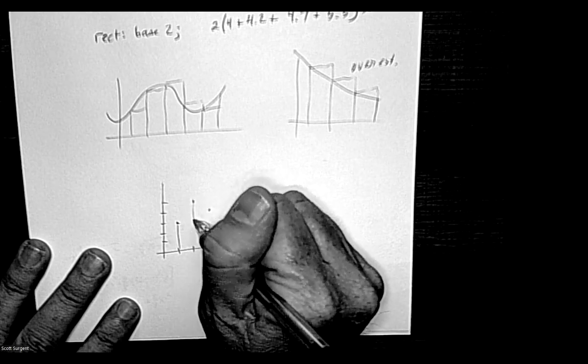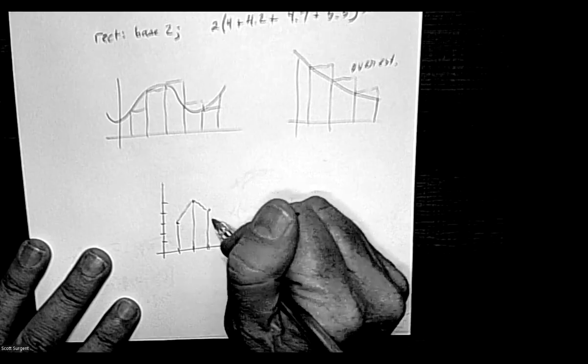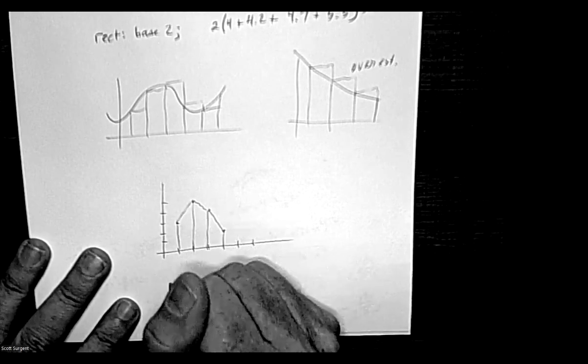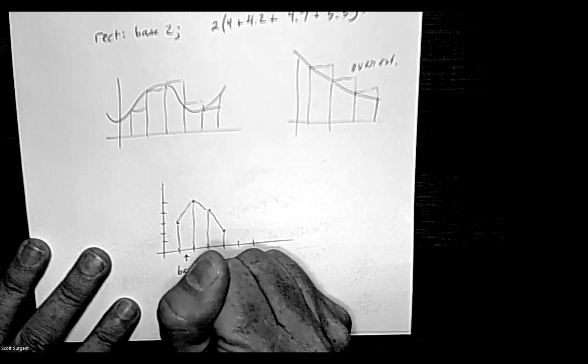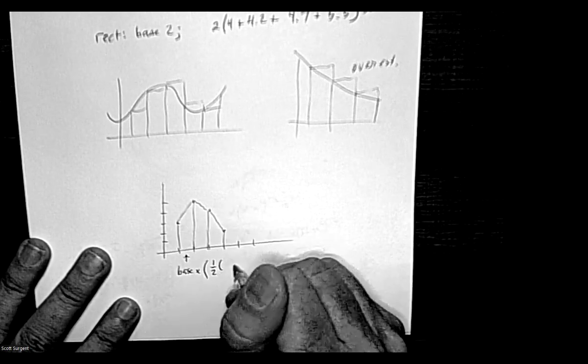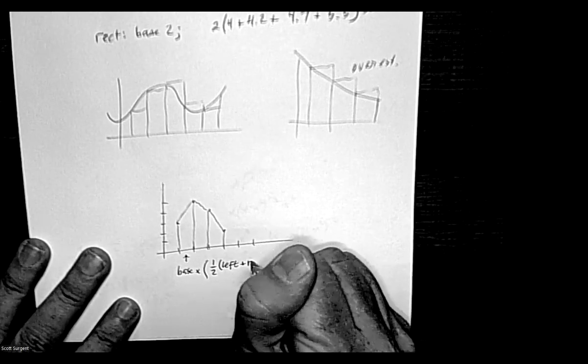What you do is you just draw trapezoids. You just connect the upper dots like that. The trapezoid rule is the base times the average of the two endpoints, so the left height plus the right height, divided by 2.